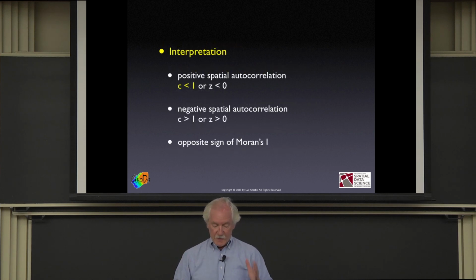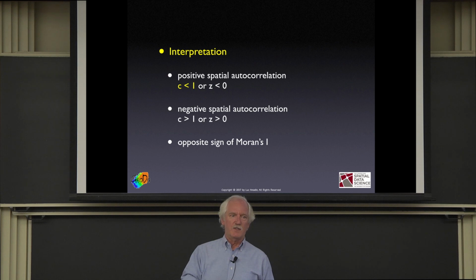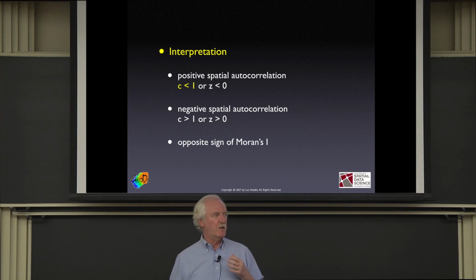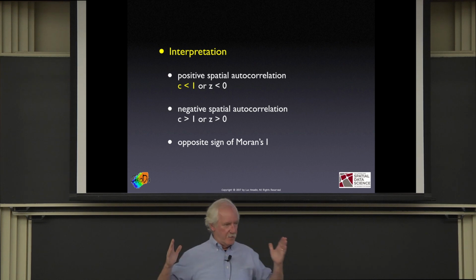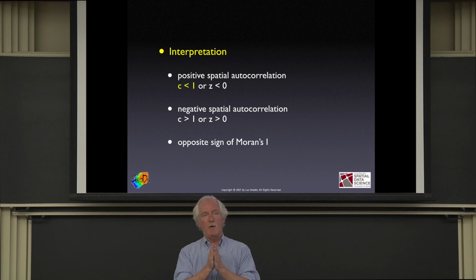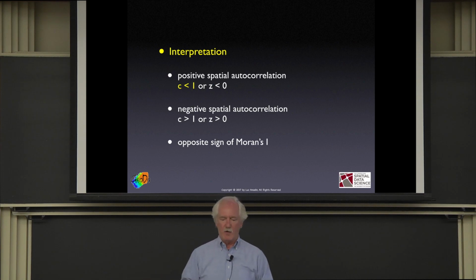So, as I said already, it is the flip side of Moran's I. Moran's I, positive is positive autocorrelation. Here, positive is negative autocorrelation, and negative is positive autocorrelation. Why? Dissimilarity, small dissimilarity is alike. Alike is positive spatial autocorrelation.